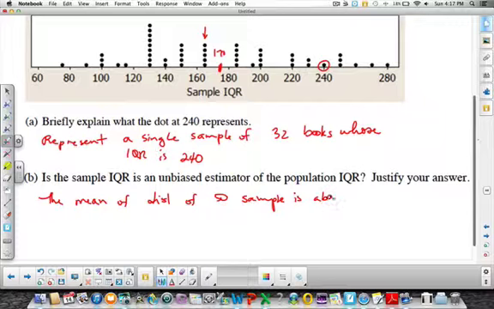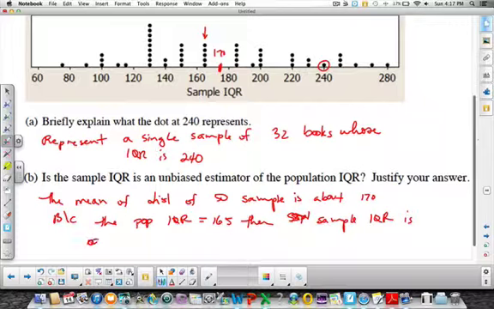is about 170. And then you could say because the population IQR equals 165, then sample IQR is not an unbiased estimator of population IQR.